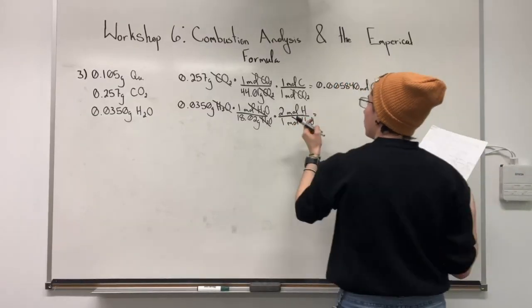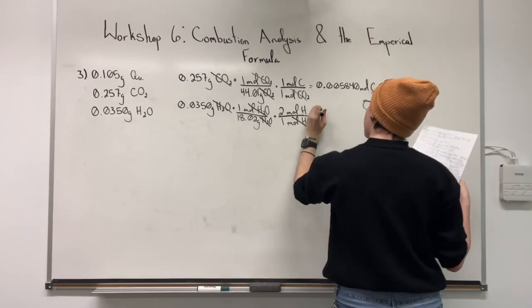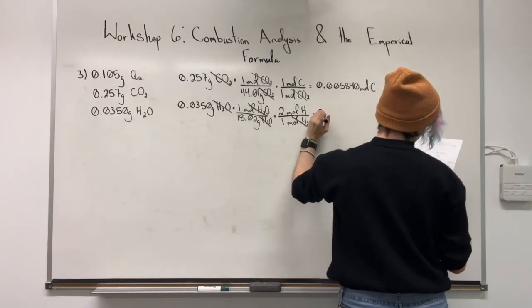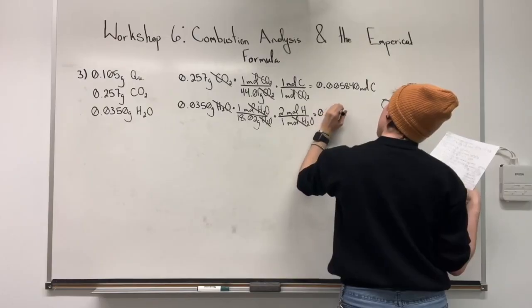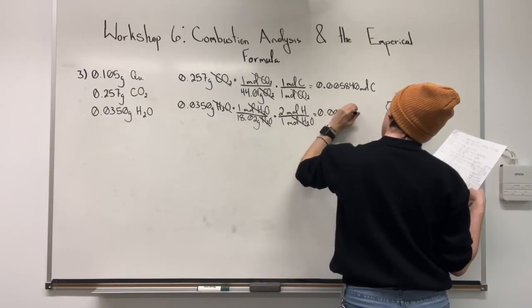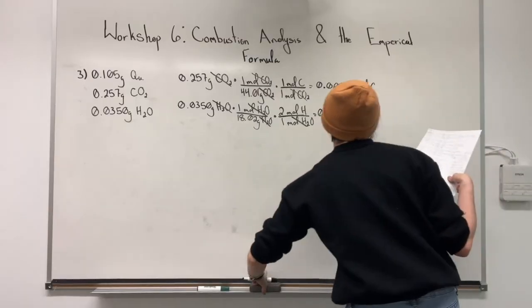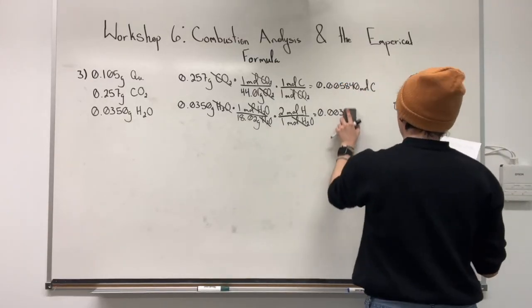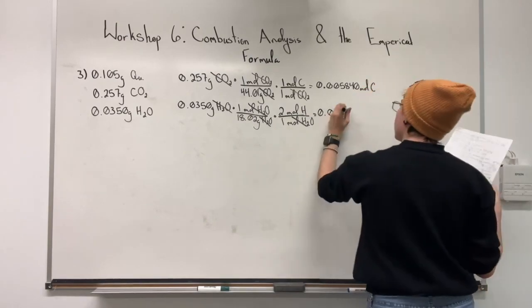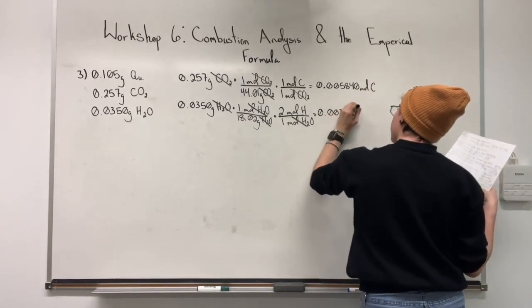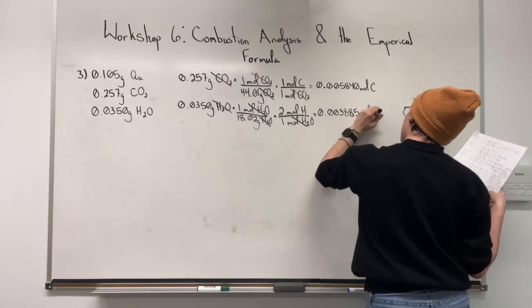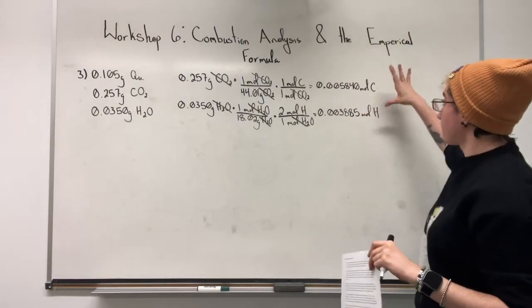And so this much water is produced from 0.00394 moles, oh, I'm sorry, I'm looking at the wrong number. 0.003885 moles of hydrogen.